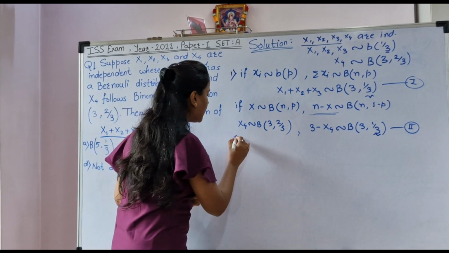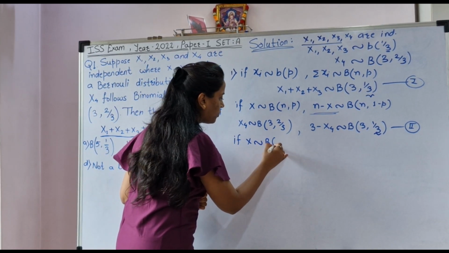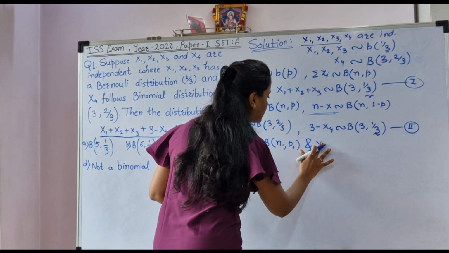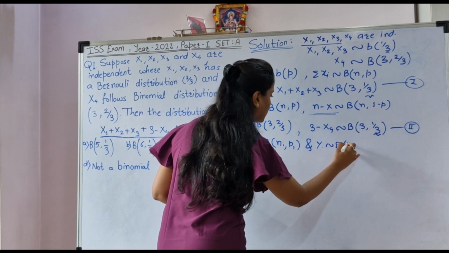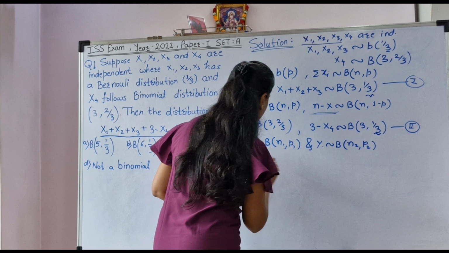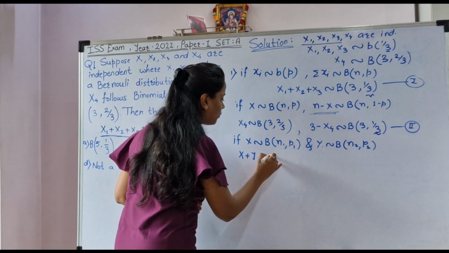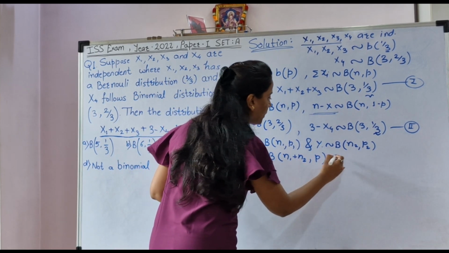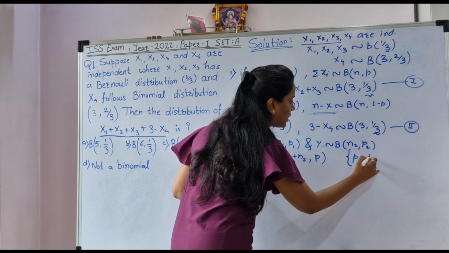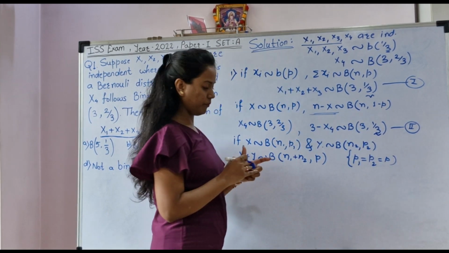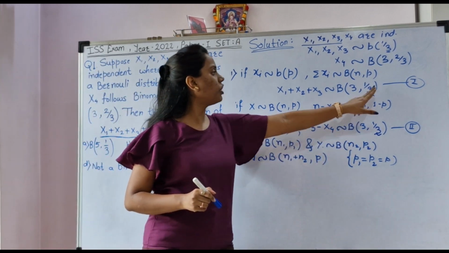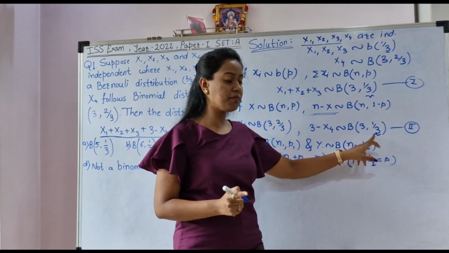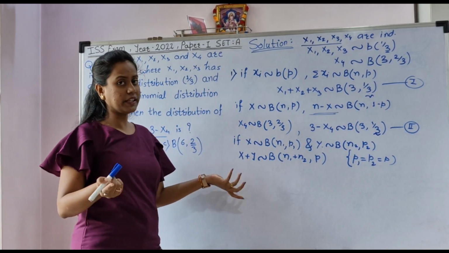It says that if X follows binomial with parameter n1, p1, and Y follows binomial with parameter n2, p2, then X plus Y will follow binomial with parameter n1 plus n2, p. The condition is that p1 equals p2 equals p. From equations 1 and 2, our probability of success is the same, so we can apply the additive property here.